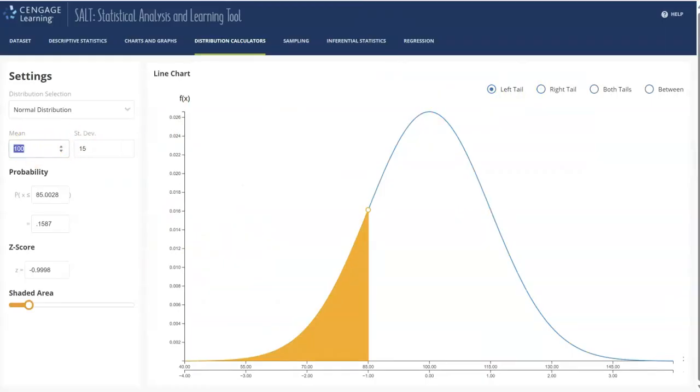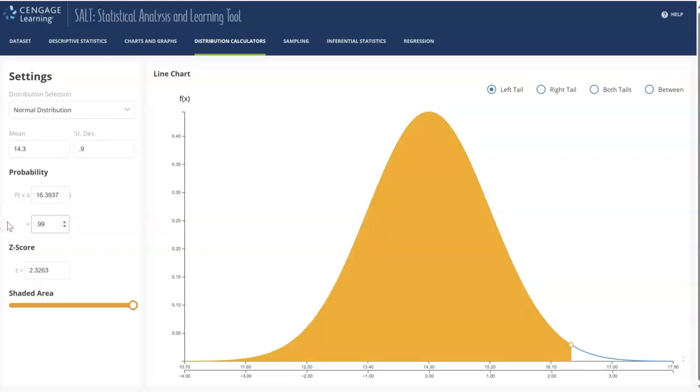Our mean is 14.3 and our standard deviation was 0.9. And the area in that left tail is 0.99. So that cutoff score that separates that bottom 99% from that top 1% would be 16.39 inches.